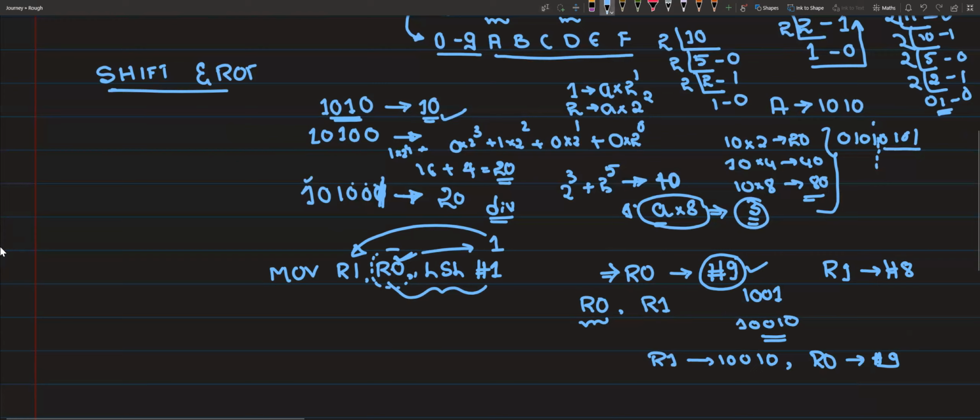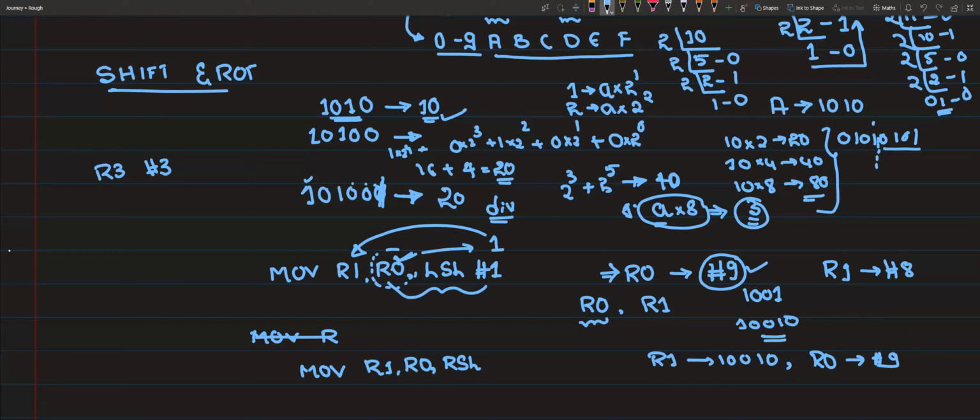Yes. In the right shift, we will take a little more complex example. I will have #3 in R3. And what I'll do is MOV R1, R0, LSR R3.